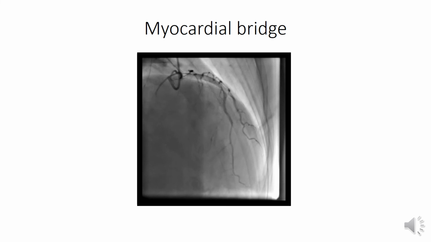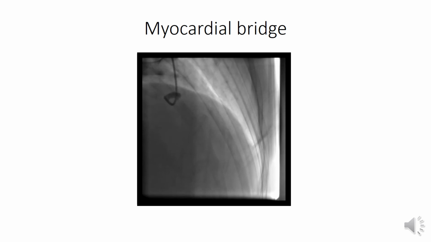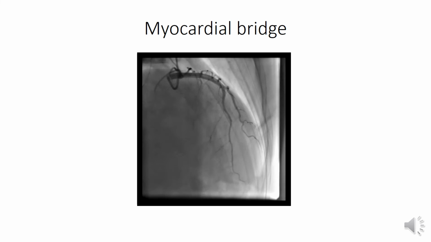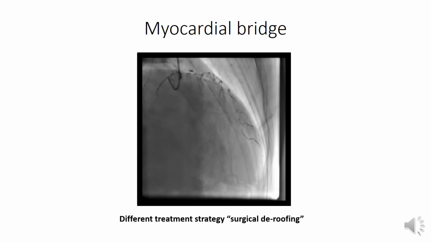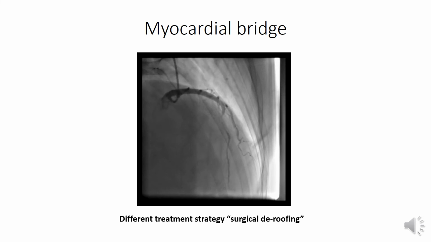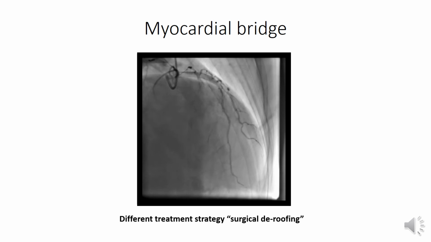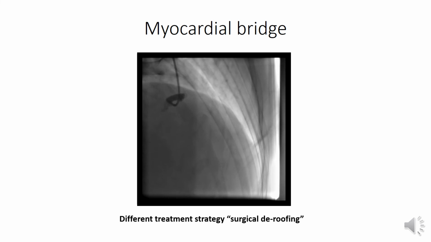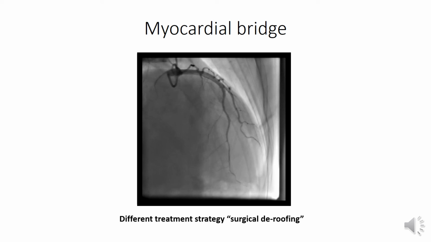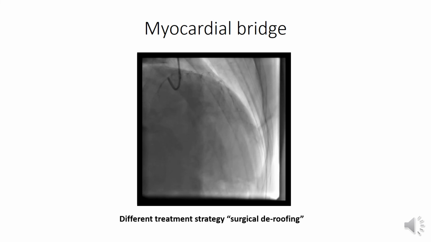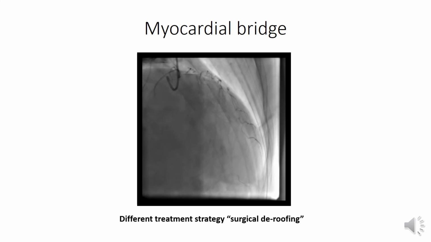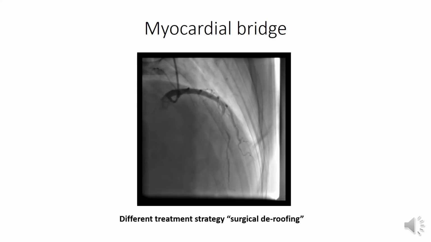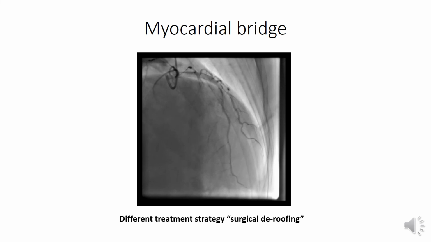It is important to differentiate between this bridge and another atherosclerotic lesion, for example, because the method of treatment is totally different. This patient might benefit from drugs like calcium channel blockers, but if still symptomatic, he might need surgical deroofing of this muscle segment.